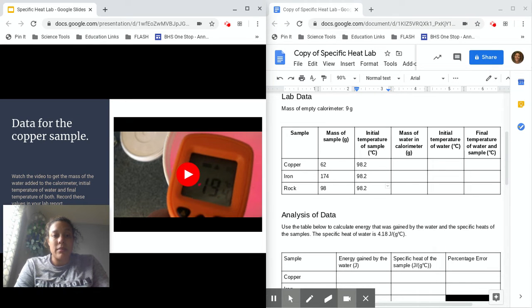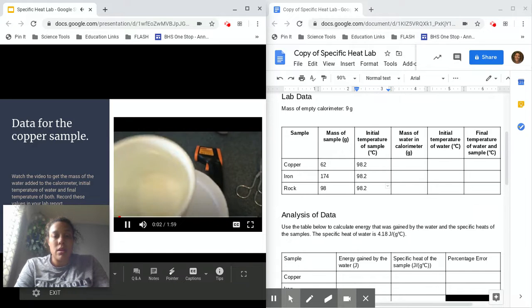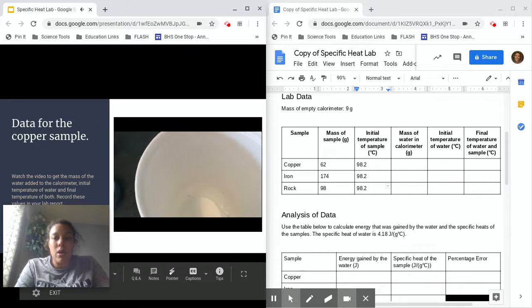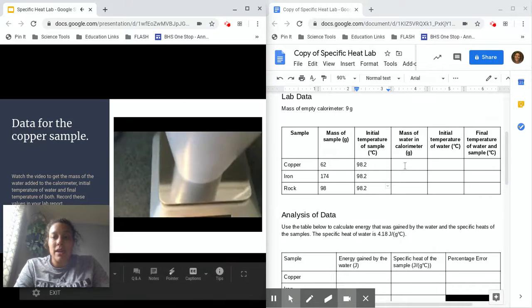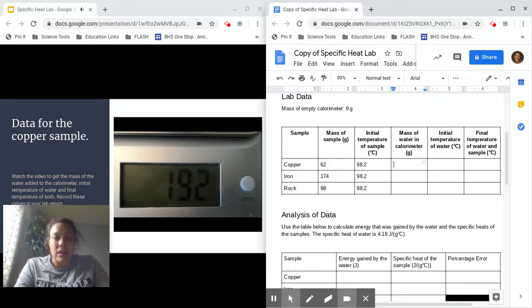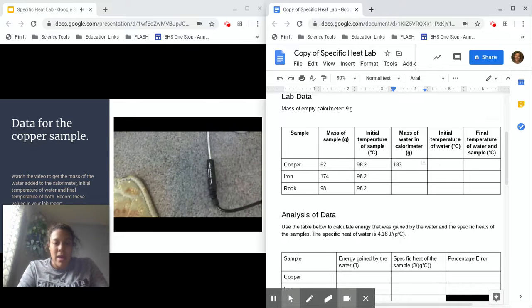But basically, he takes some of that water and puts it into the foam cup. We need to remember that the foam cup is 9 grams. So in order to figure out the actual mass of the water, we're going to take 192 and subtract 9 grams from it. So that's 183. You can check my math on that.